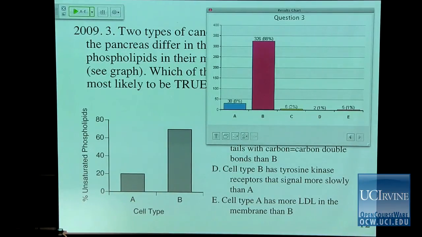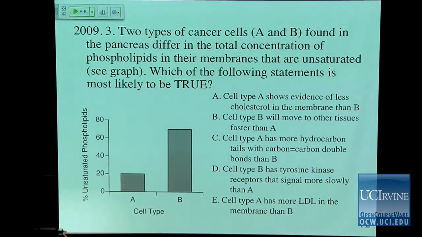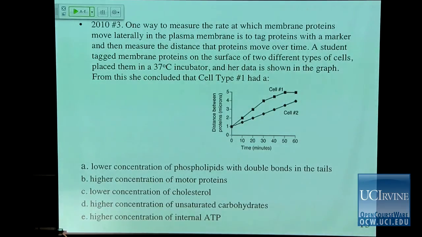That is the correct answer. And again, this one was really hard. I think only about 45% of the students got it right when it was on the exam the year it was given, which was in 2009. Okay, so try this one on your own. This is the last one we're going to do.